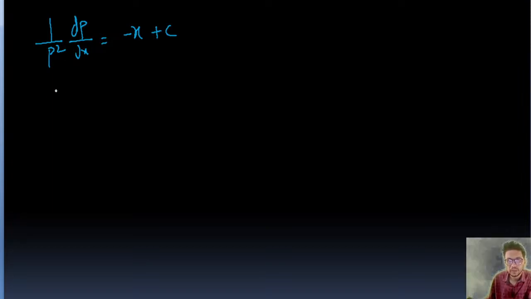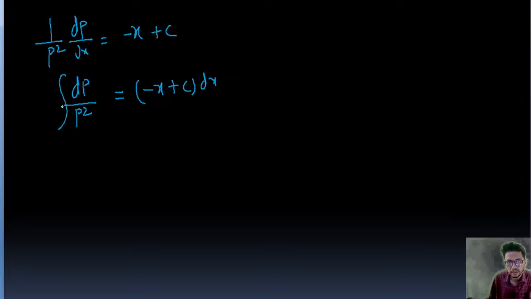Again, what we can do is we can write dp upon p square is going to be minus x plus c dx, right?